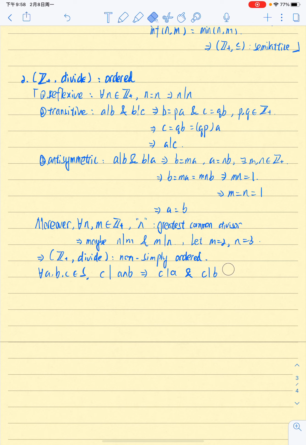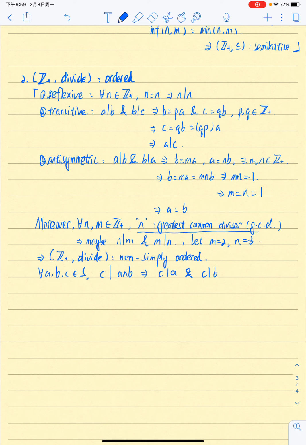The answer is true. This is true because of the definition of the greatest common divisor, for which we always use GCD.